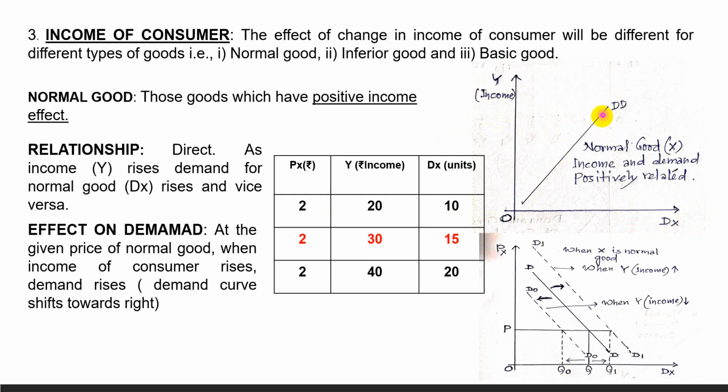This is the relationship curve, and this is the effect on demand. So we come to know that in case of normal good, with increase in income, demand increases and the demand curve shifts towards right. And with the decrease in income, demand decreases and the demand curve shifts towards left.